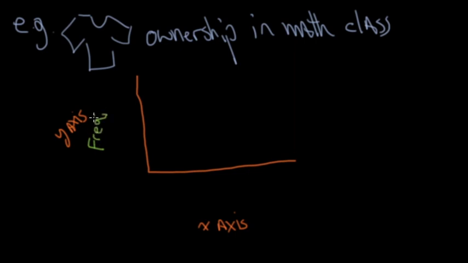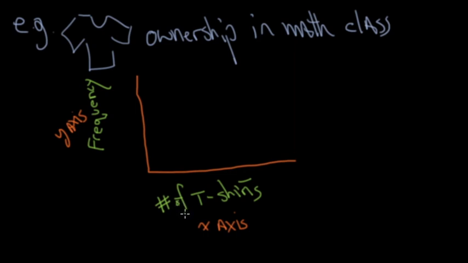Let's see if I can actually write upside down sideways. Actually, I'm doing pretty good here. Frequency. I should just turn my tablet around. It'll be easier. Now that's the frequency. And here are the t-shirts. So the number of t-shirts.